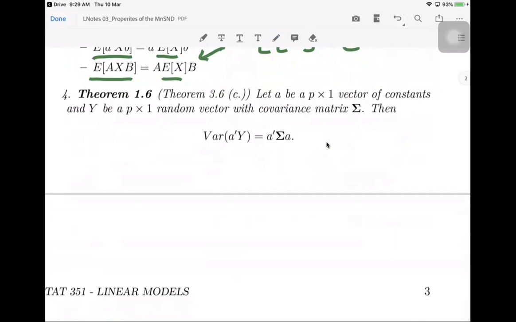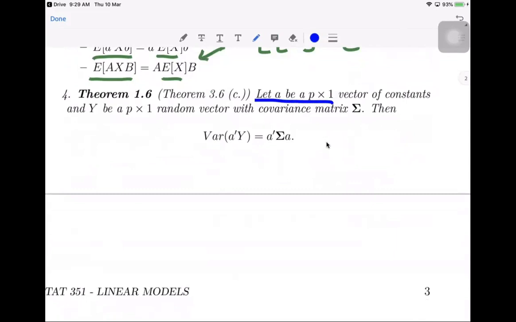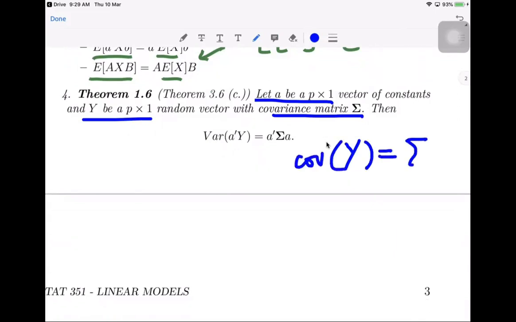Okay, so let a be a P by 1 vector of constants and Y be a P by 1 random vector with covariance matrix sigma. That means the covariance of Y is equal to sigma.